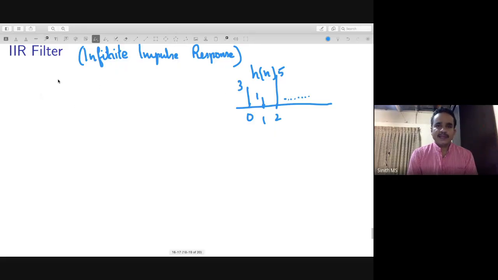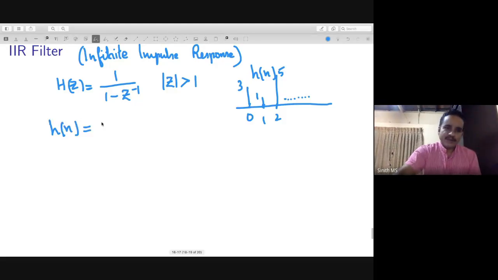Let us take an example of H(z) equal to 1 by 1 minus z inverse. Suppose H(z) is 1 by 1 minus z inverse, and suppose it has an ROC |z| greater than 1. So can you tell what will be h[n] from this? One of you can unmute and tell what will be h[n].